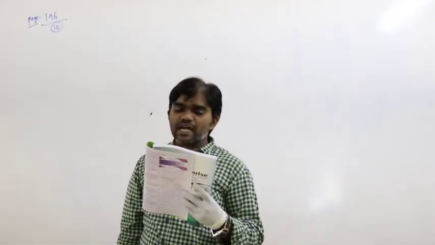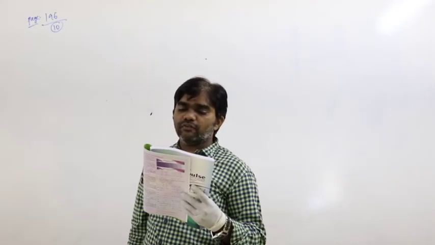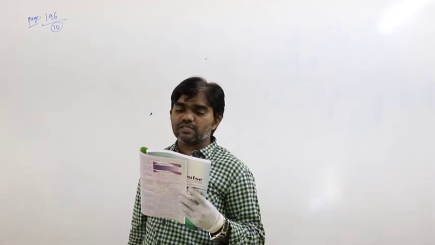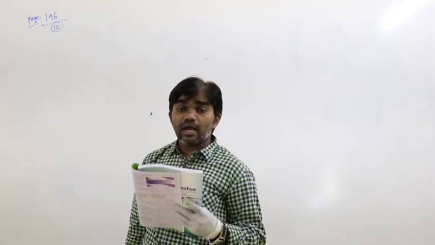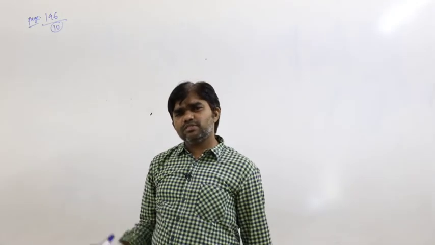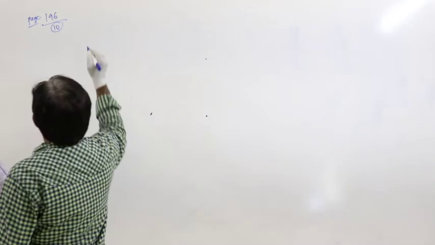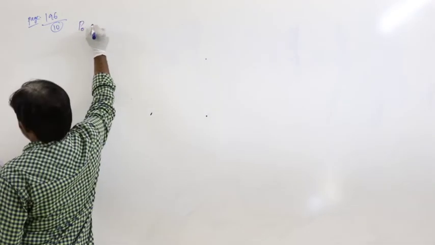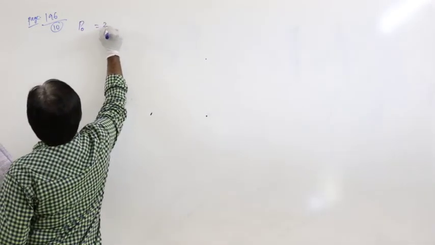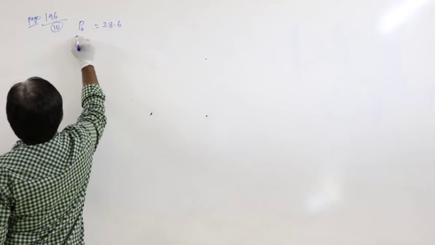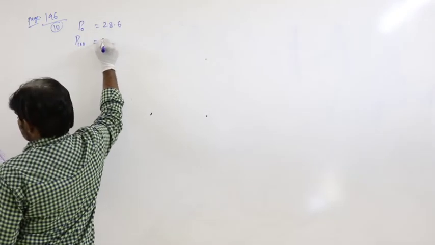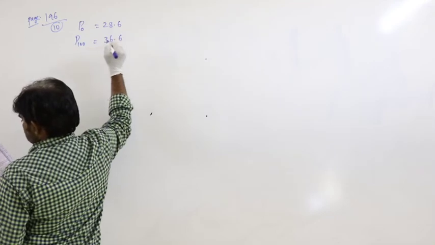The pressure of a gas filled in the bulb of a constant volume gas thermometer, which means pressure varies, at 0 degrees Celsius and 100 degrees Celsius is given as P0 equals 28.6 and P100 equals 36.6.